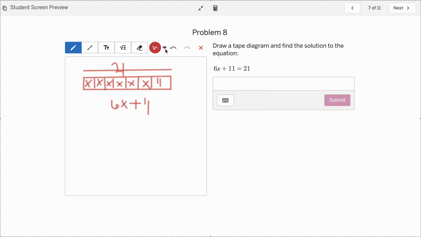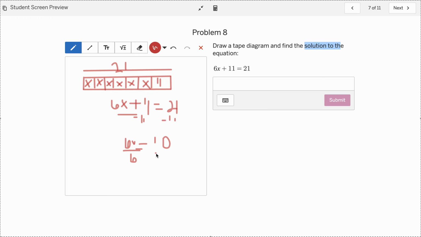Okay, I'm going to fix that so it doesn't look like 24. So 21. So then I have to find the solution to the equation, which I'm just solving for x. So if my equation is 6x add 11 equals 21, I can subtract 11 from both sides. So 6x equals 21 minus 11 is 10.